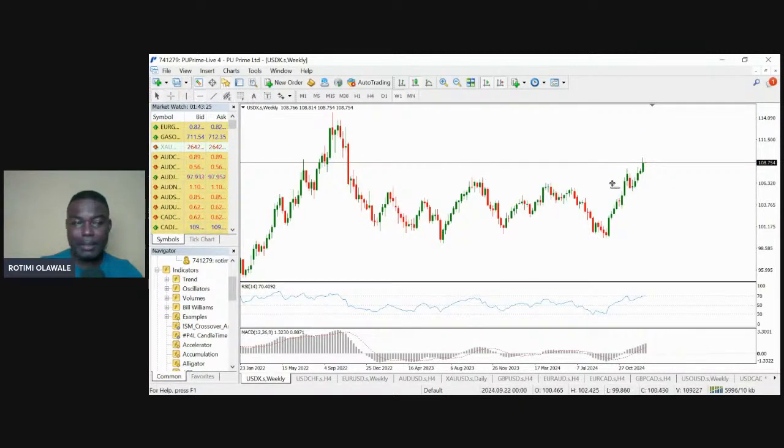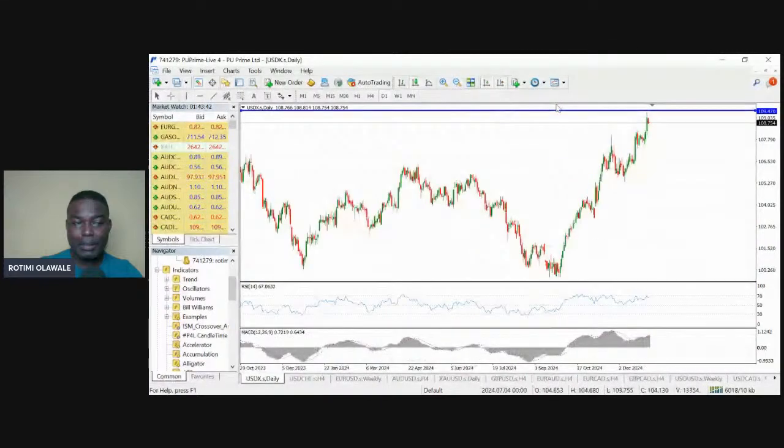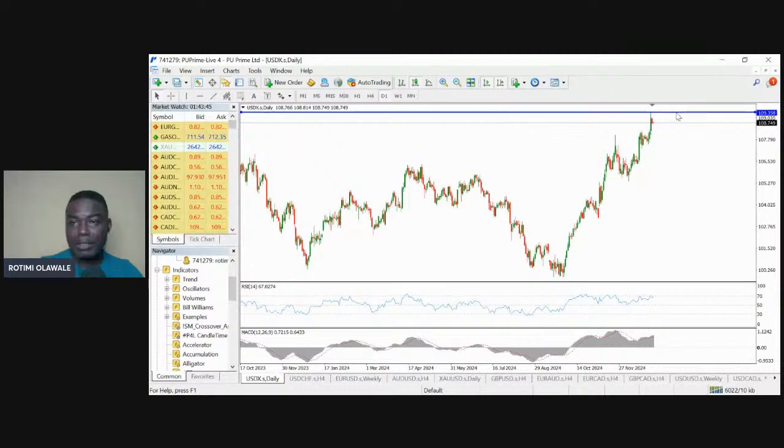From what I can see here, the price made a high up here the previous week, and currently we can see price touching the previous support region over there. If you go down to the daily time frame, it's quite close.